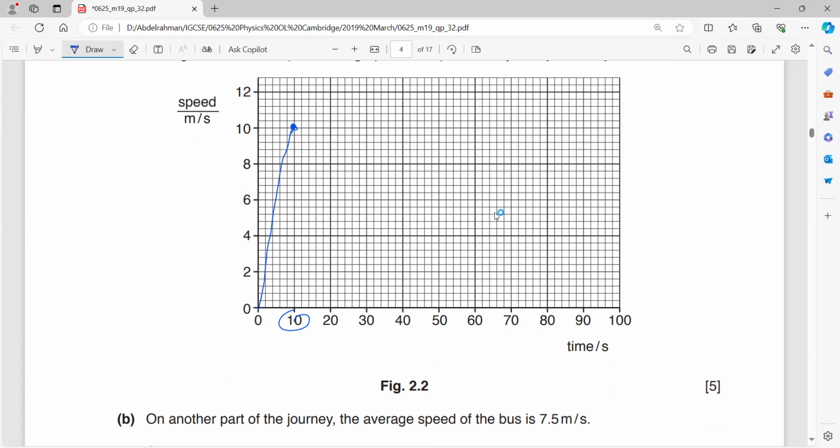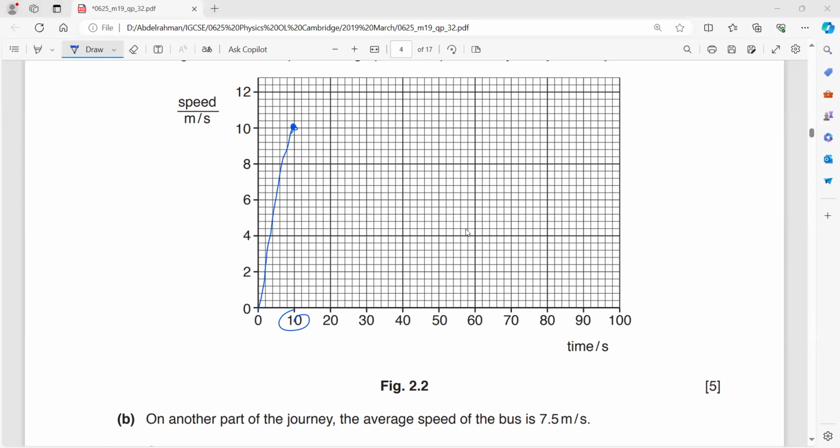So I will draw a horizontal line until which point? Until 70 seconds. Why?